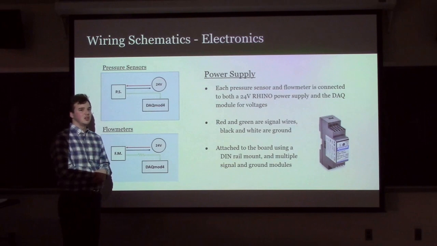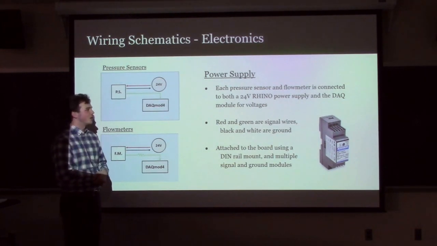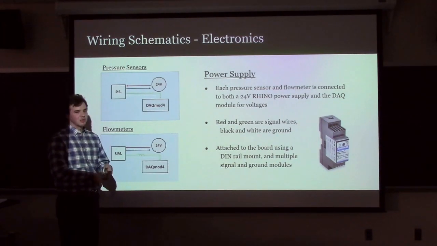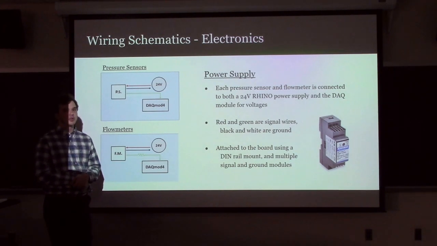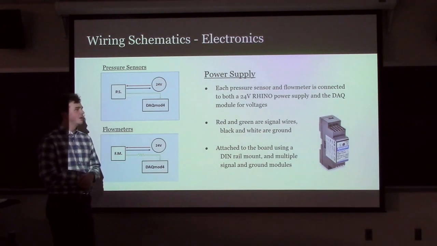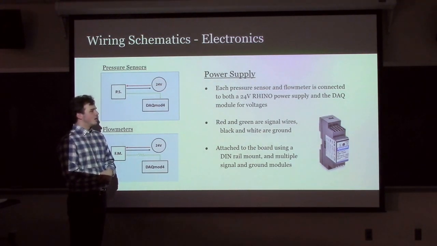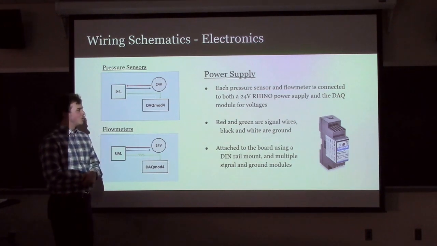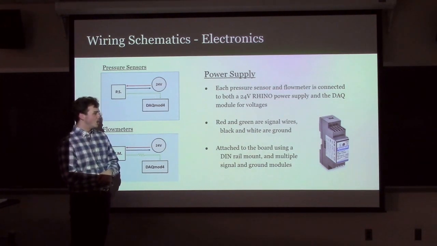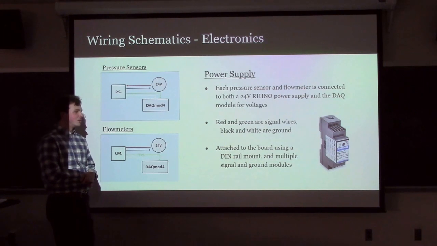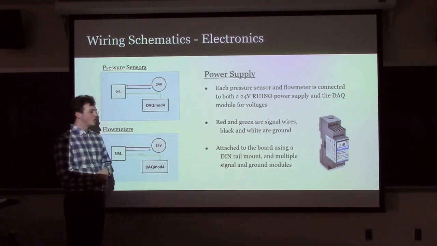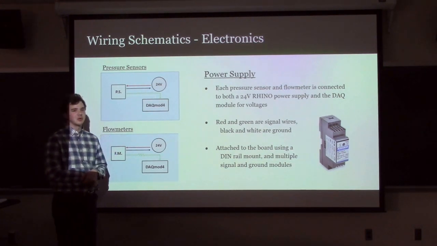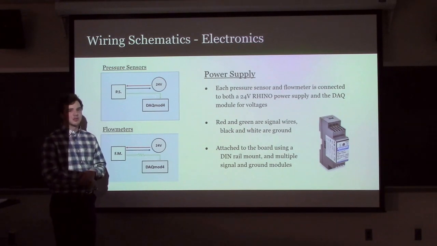So we had to buy a new one, a Rhino power supply, that gives us the 24 volts we need, as well as about 15 amps of current to power all the components. This works in conjunction with the DAC unit, and we attach it to the board using a DIN rail mount and a series of signal and ground modules plugged directly into a power strip underneath the table.